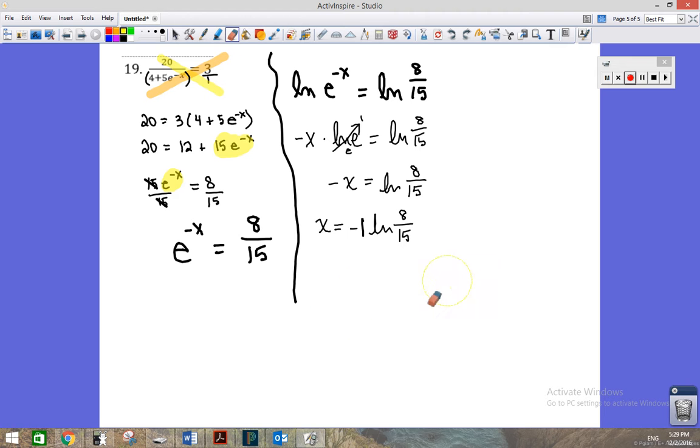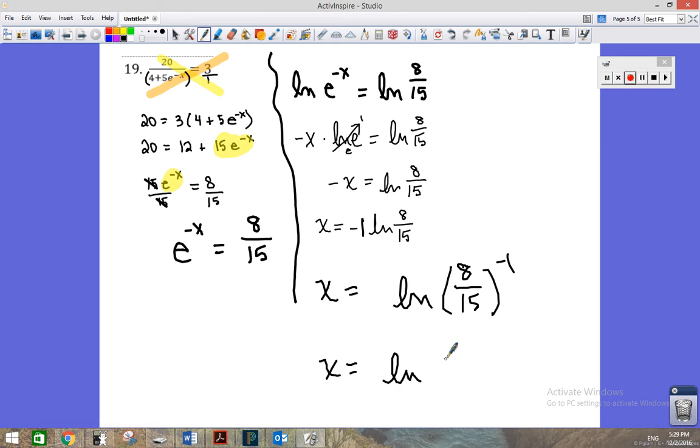Let's use the power rule. Bring that negative 1 up as an exponent. Now remember, negative exponents don't make my answer negative. It changes the location of the base. With this negative exponent, all I have to do to make it a positive exponent is to flip that fraction. So I have the natural log of 15 divided by 8.